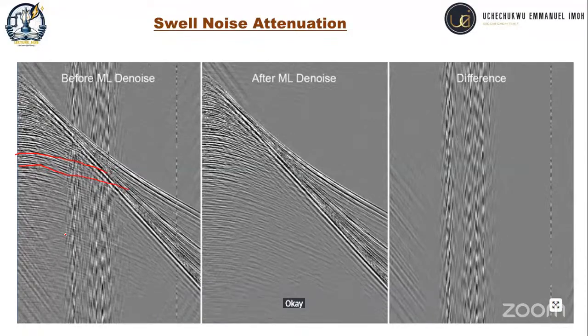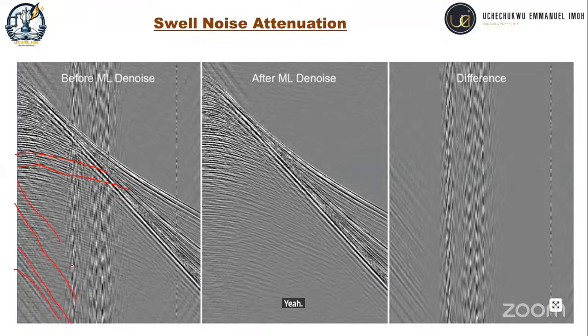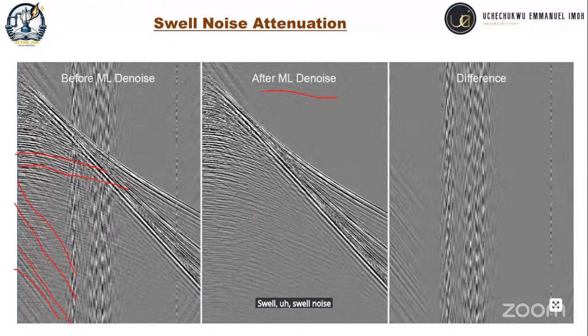And then you have these vertical lines or vertical events. These are your noise. And then you have this one with very sharp angle this way. They are not hyperbolic, but the angles are sharp. So the one in the middle is after you remove your noise with swell noise attenuation. On the last one, you have a difference.